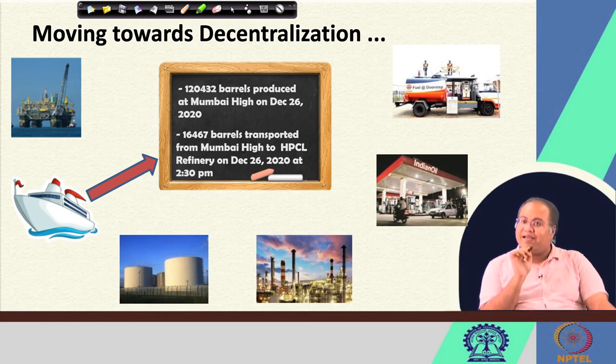And that is interesting. Why is that interesting? Because just by looking at the entire information on the blackboard, you can track what is happening where. That means how much crude oil has been produced, how much of that has been transported, and not only how much has been transported but to where, and then from there where it got further transported, which refinery it is going to, and after the refinery how much of the different products like petrol and diesel have been produced, and so on.